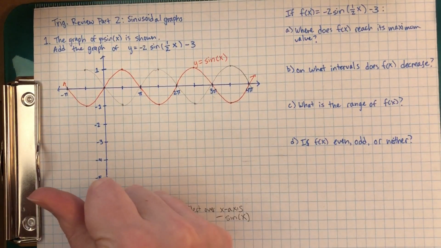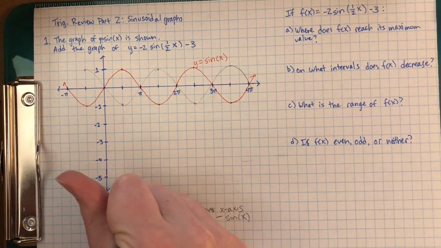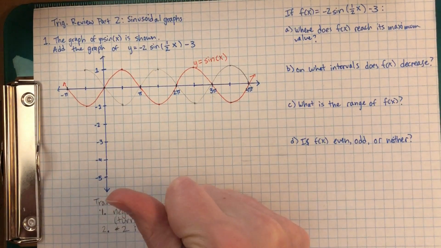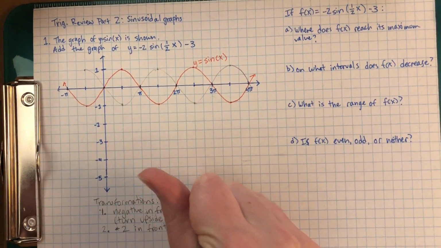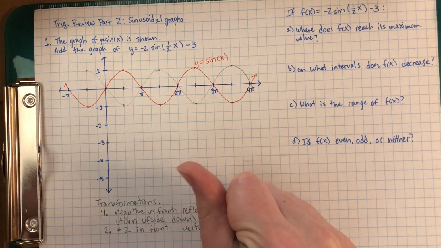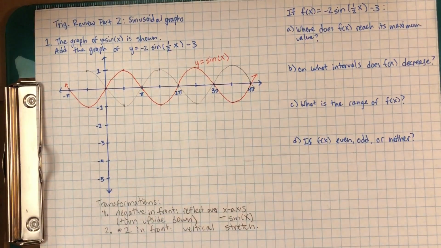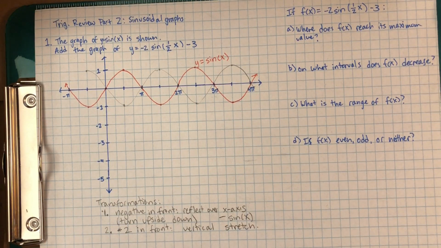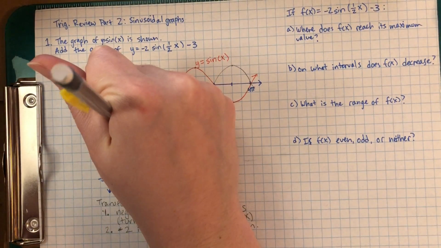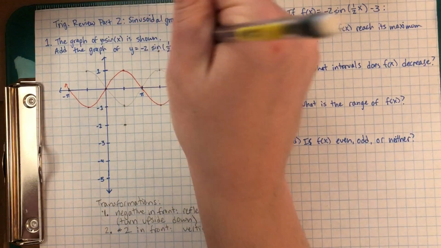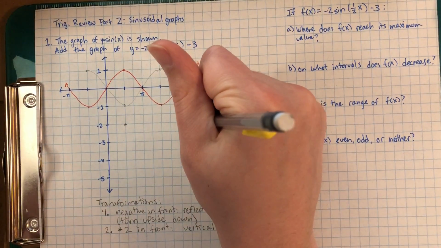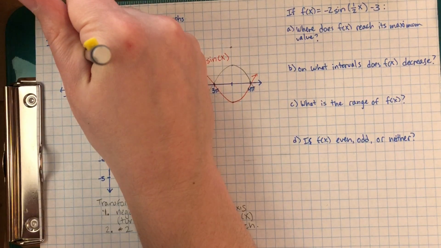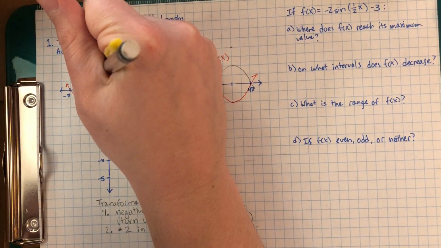The next thing that's happening is that we have a multiply by 2 in front, which is a vertical stretch. So what this means is we're going to get twice as high. I'm sort of getting close to the words up there, but it's okay, because this isn't going to be our final destination.